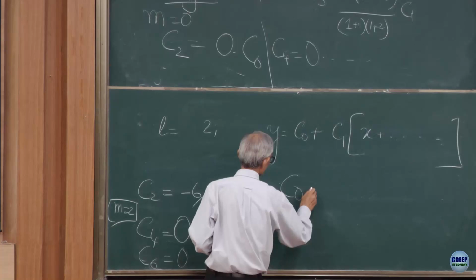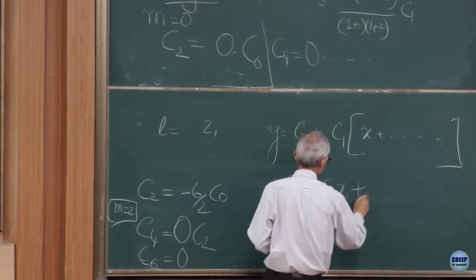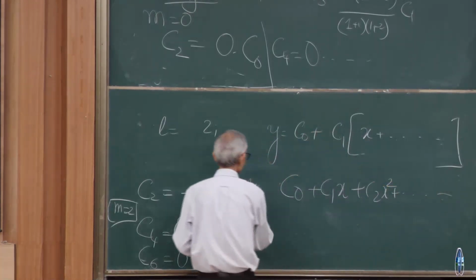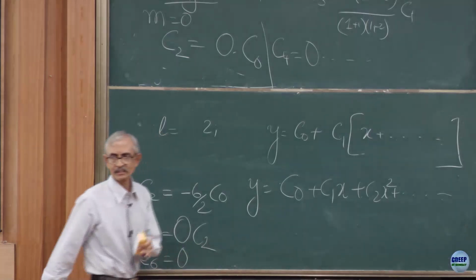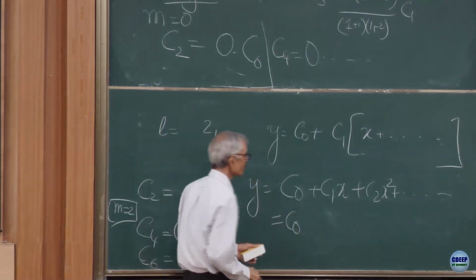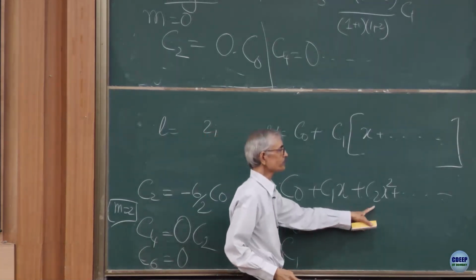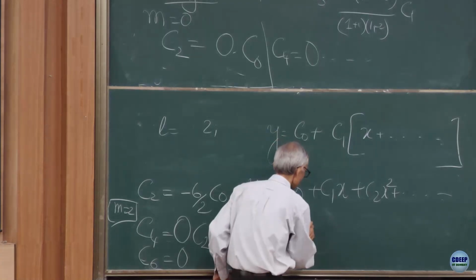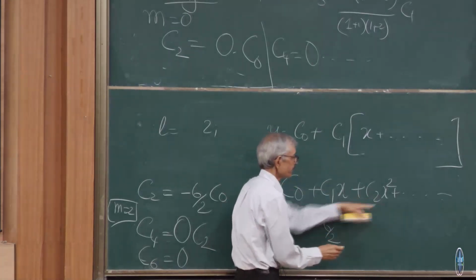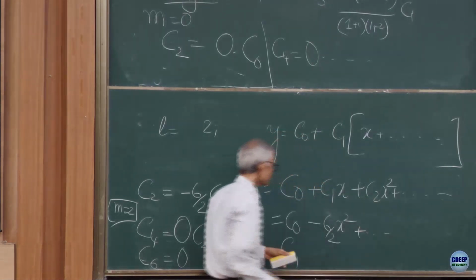C0 plus C1 x plus C2 x square plus, this was my solution, right? C0, there was nothing you could do, C0, and then we will write a C1 here. What is C2? C2 is minus 6 by 2 and x square plus what?